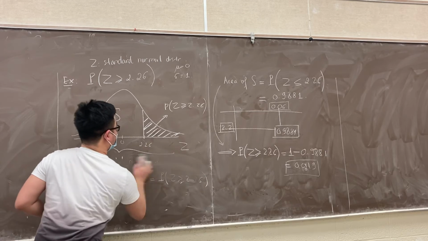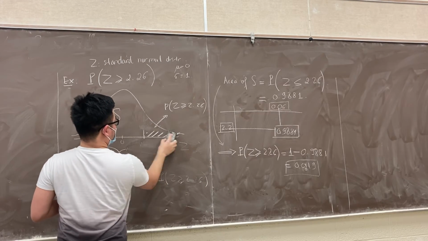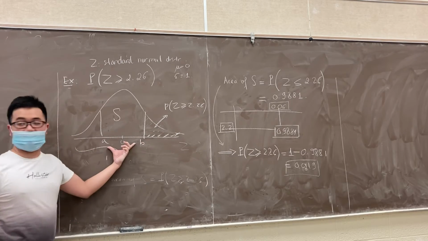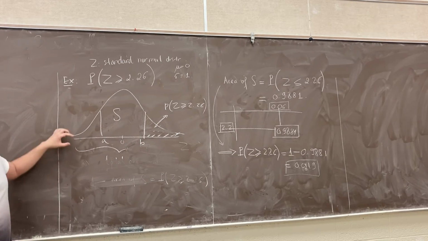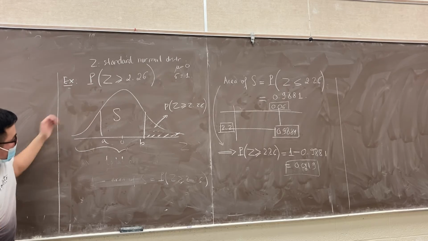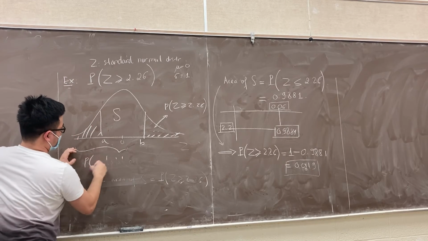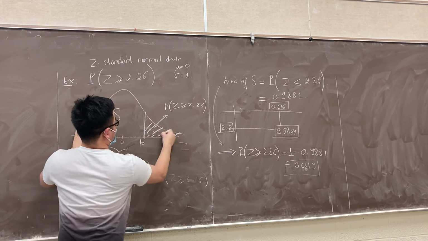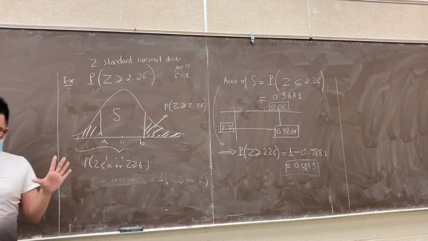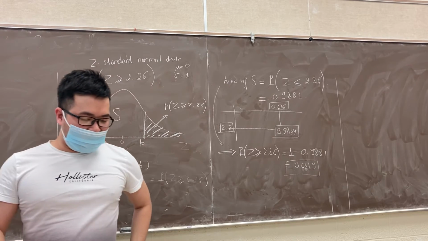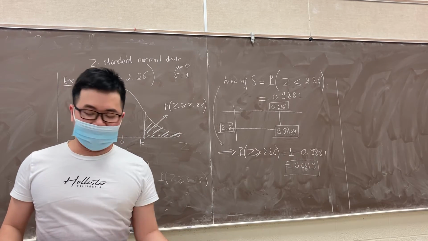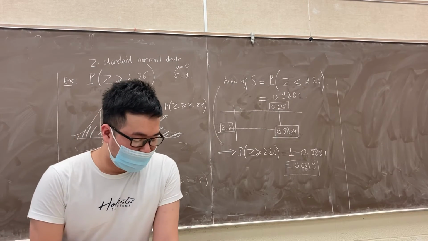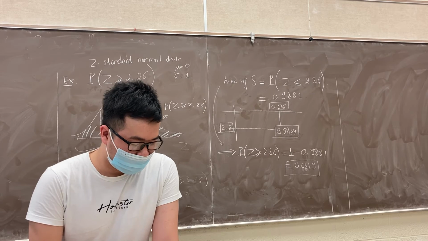For example, we will calculate the probability of Z between two numbers A and B, or we calculate the probability that Z is less than A, or Z is greater than B, something like that. We have a lot of kinds of problems. In this case, we can use the table to do this. It's just flexible. I will give you more examples to do that.